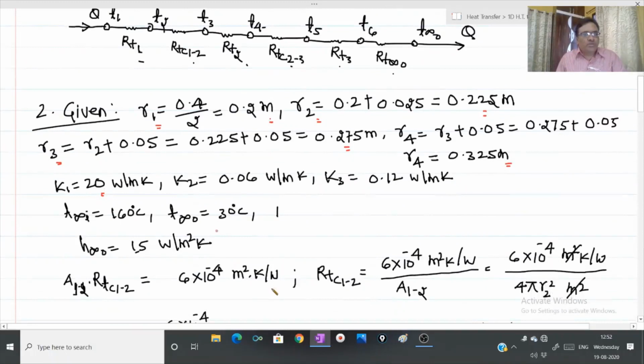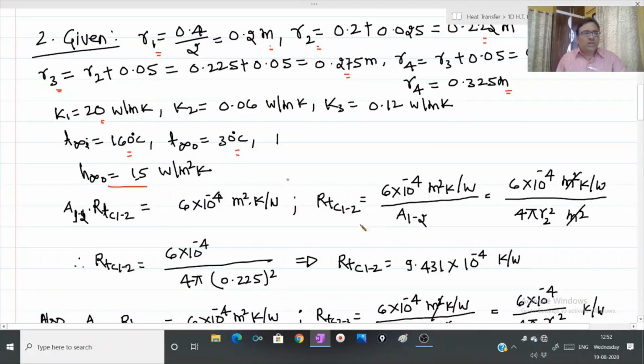The temperature of the hot fluid is given as 160 and outside temperature is given as 30 degrees Celsius. Convective heat transfer coefficient of the surrounding fluid is given as 15 watt per meter square Kelvin. No convective heat transfer coefficient is given for the hot fluid, so we need not consider any effect arising out of the hot fluid.